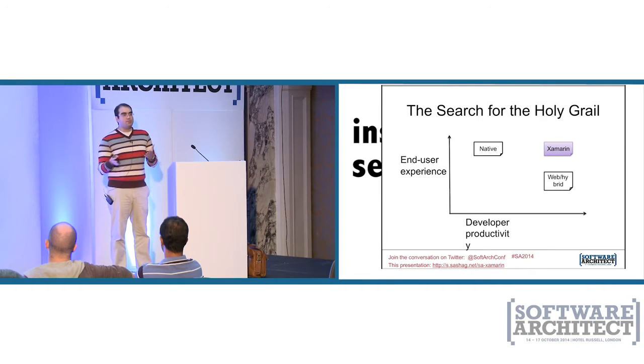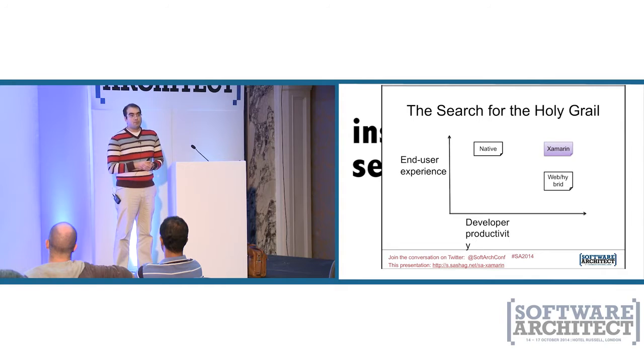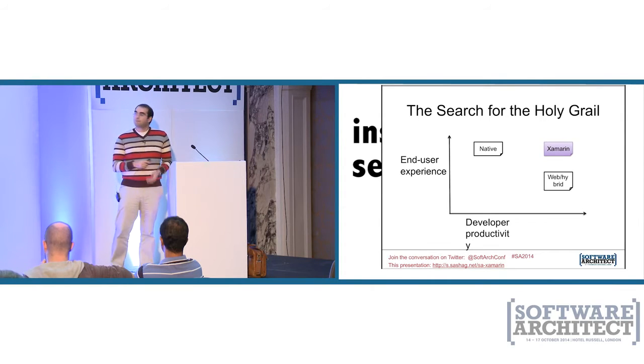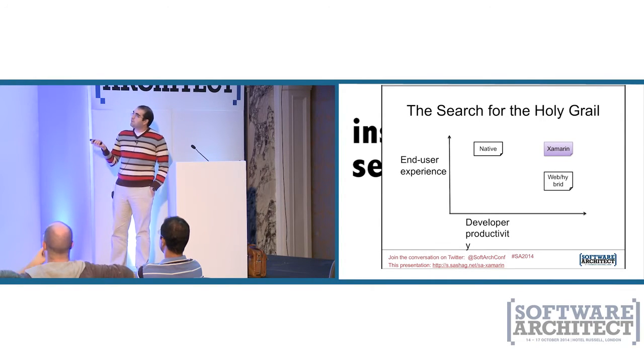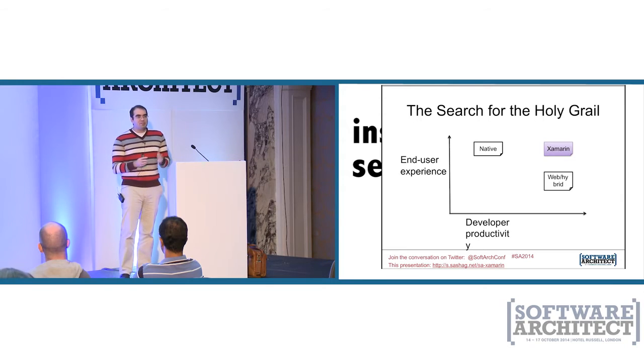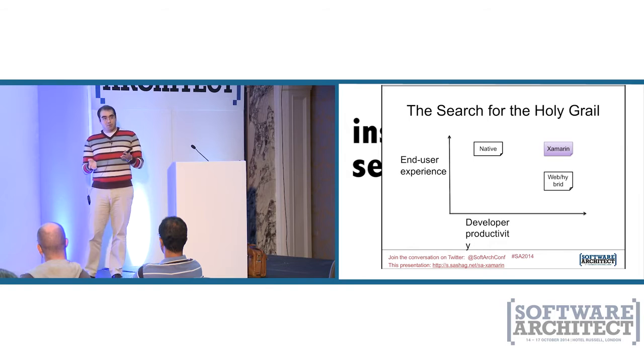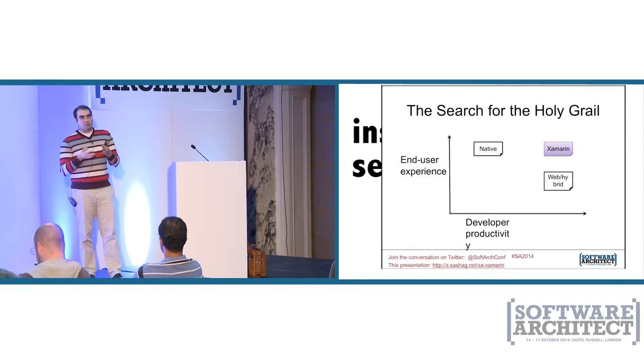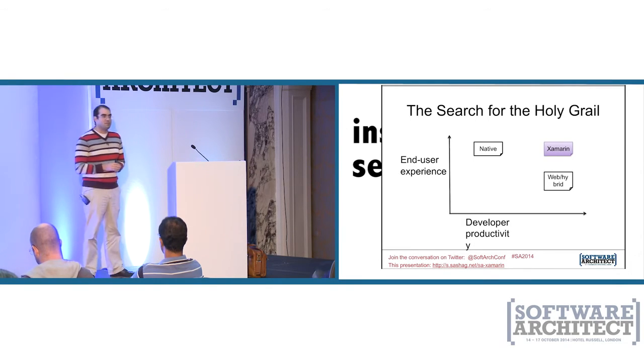But I also know it's unreasonable to expect everyone to learn three different platforms and languages to target three mobile platforms. The other end of the spectrum, we have web or hybrid applications, and then you only, and I'm saying only in quotes here, you only have to learn HTML, JavaScript, and CSS, and you have an app, or at least a mobile website, that will look decent on most mobile platforms.